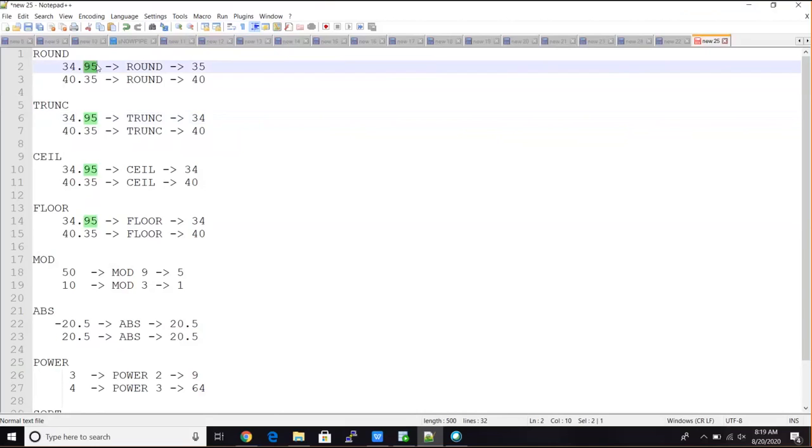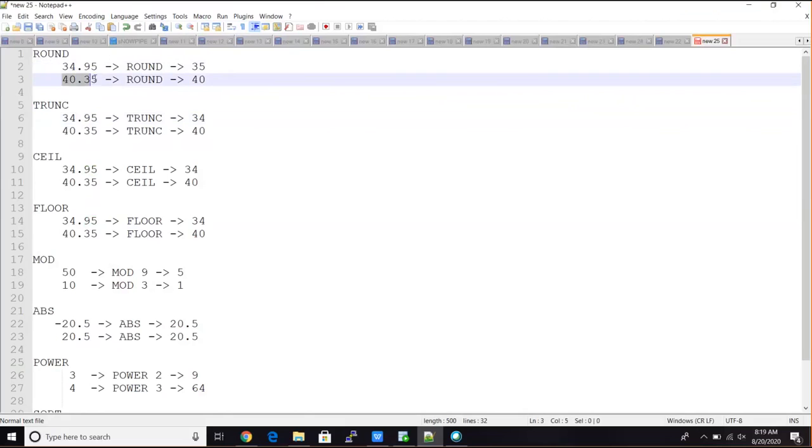We have a reference like 0.5. If any value is less than 0.5, it will be rounded down to the lower value. You can see in this example, 40.35.